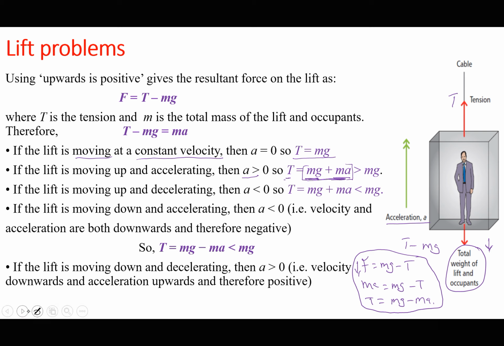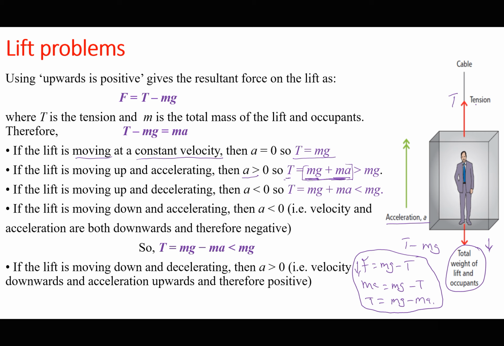So if the lift is moving downwards but slowing down, it means the force upwards is greater than the forces downwards. It is moving downwards but is slowing down. So it means T is still greater than mg. So the resultant force is going to be T minus mg.